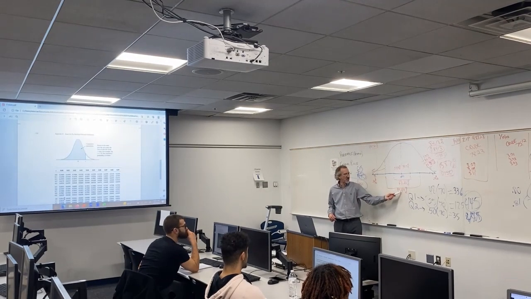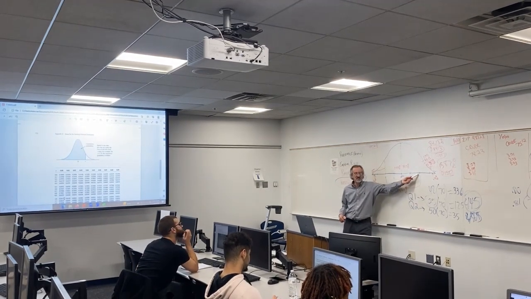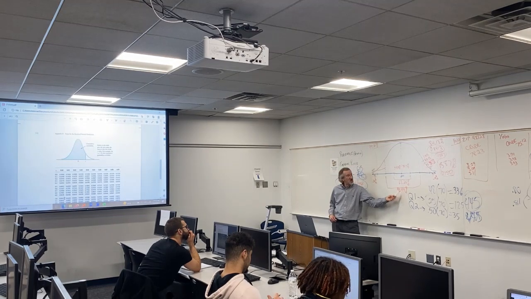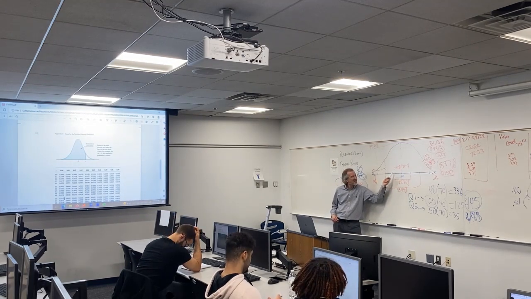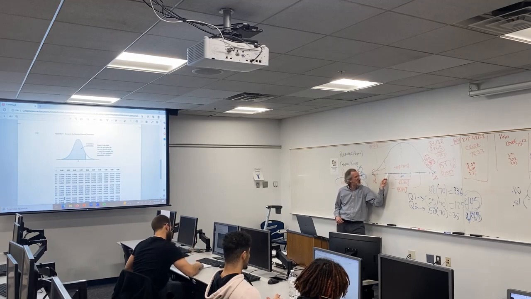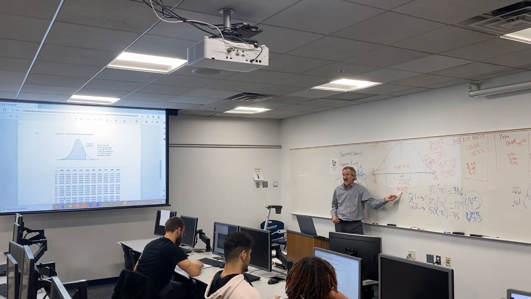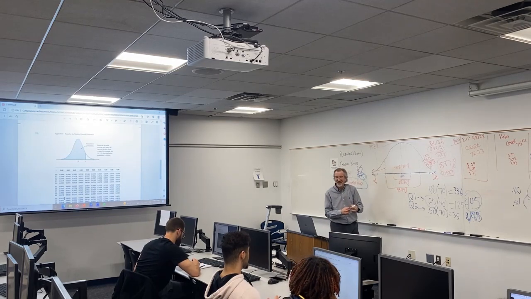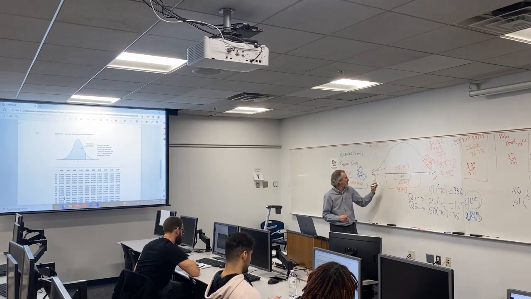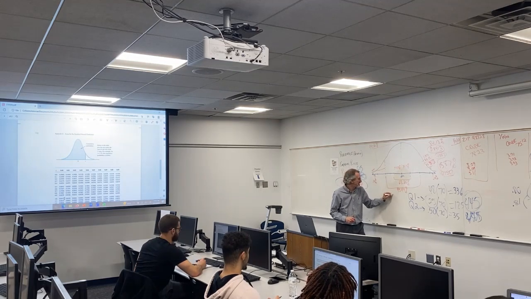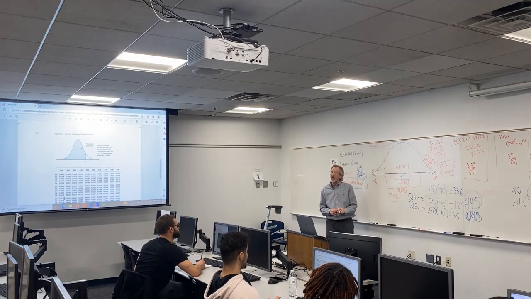Look at what we have here. From +2 all the way to -2 is 95.44. To get half of that area, we have to divide that in half. 47.72% is half of 95.44.